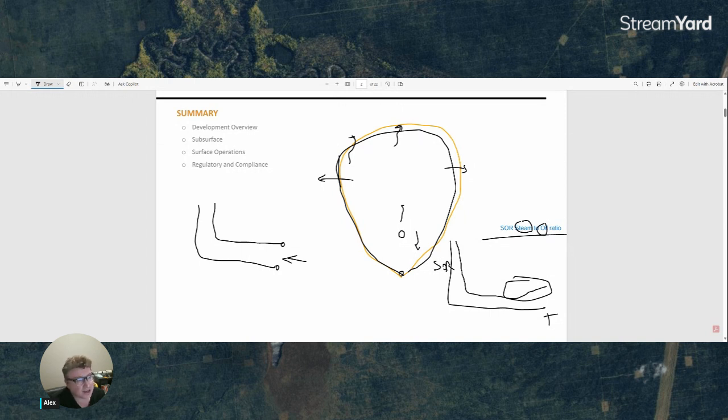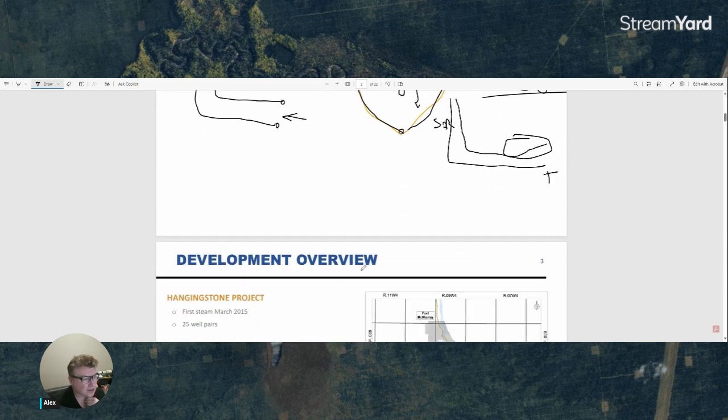Towards the end of the life of an asset, you need some kind of strategy that minimizes or reduces the SOR, which is good for economics, because you can take that steam and allocate it elsewhere. It's also good for environmental performance because it's not as energy intensive. The entire concept is co-injection of something called NCG, non-condensable gas. That's where we ended.